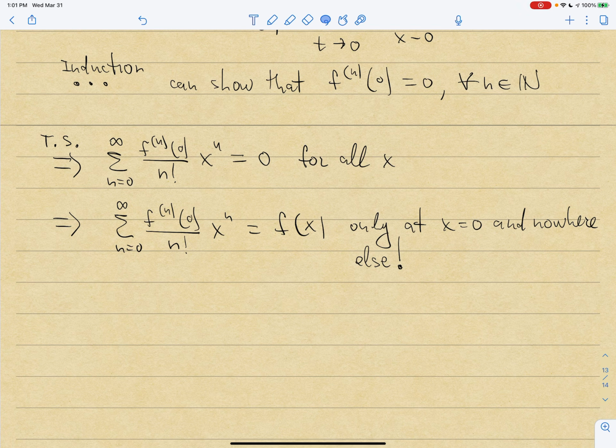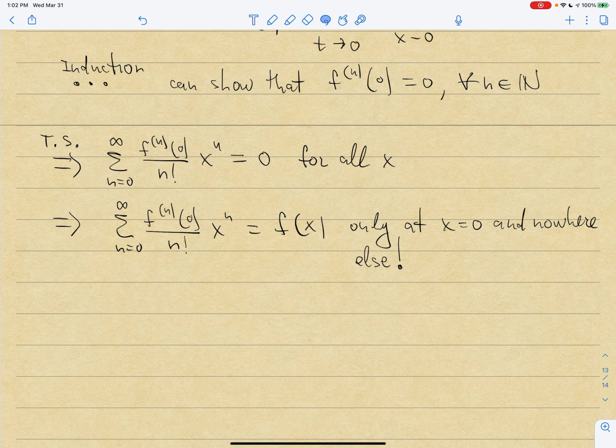So it means that what the function does at 0 determines what it is doing nearby. But apparently this only works for some very special functions, not for all functions. For functions like the one that we just considered in this example, clearly the fact that the function and its derivatives at 0 are equal to 0 doesn't tell us anything about what the function is doing at any point in the vicinity of x equal to 0 or anywhere else for that matter.